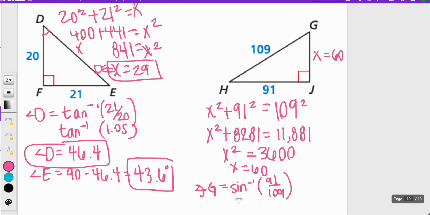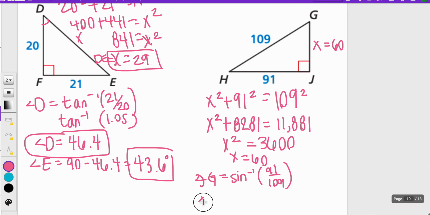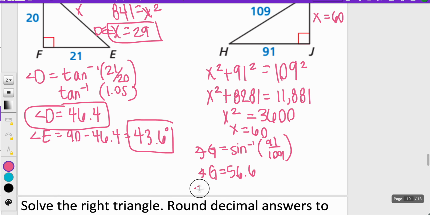I'm getting about 56.6. Angle G is about 56.6. So to find angle H, I'm just going to take 56.6 minus 90, and I'm left with 33.4. Okay?